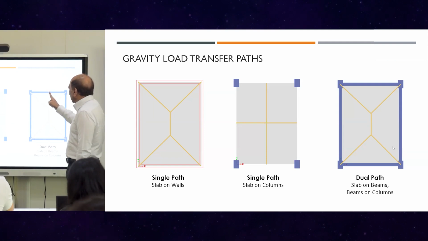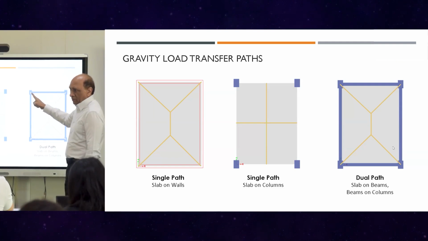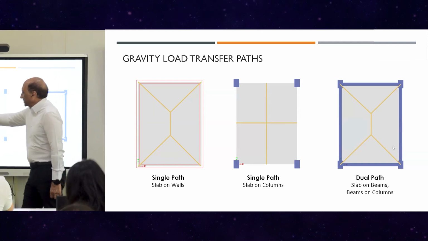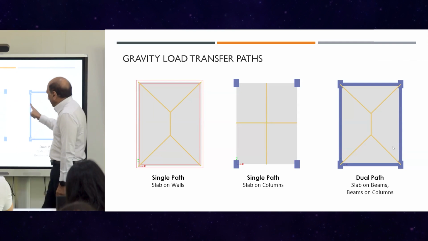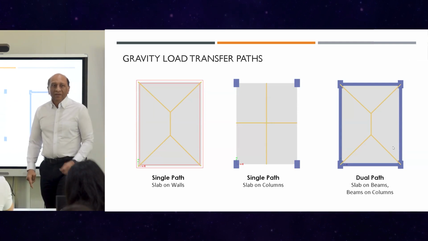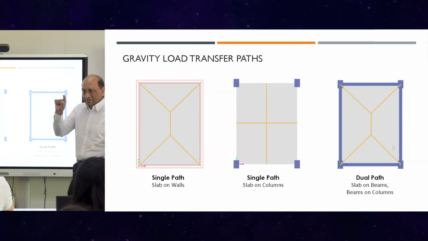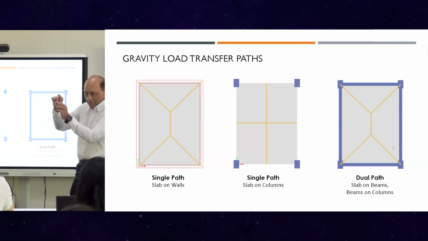This load will go to the beam and then go to the column. This is the assumption based on this analogy, because we think that the beam is a support. Now, if the beam is very small, just equal to the slab, or a little bit bigger than the slab, do you think it will still work?